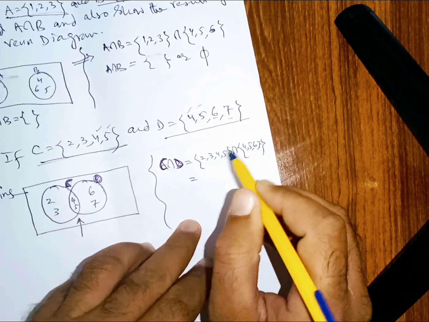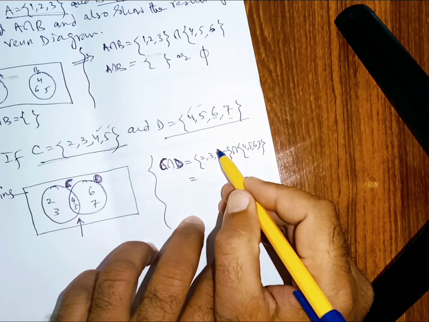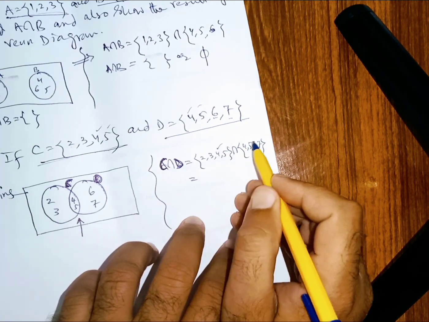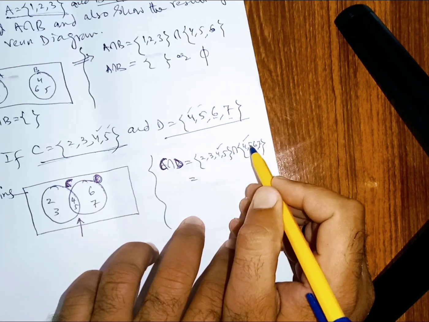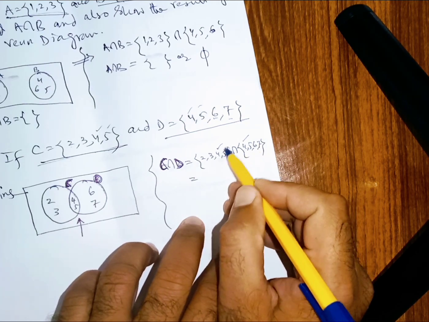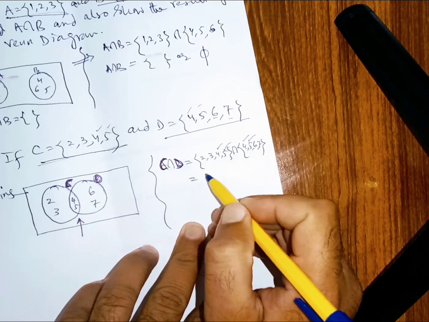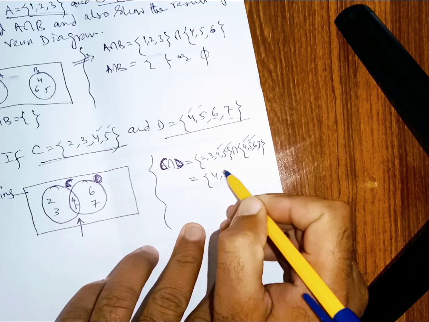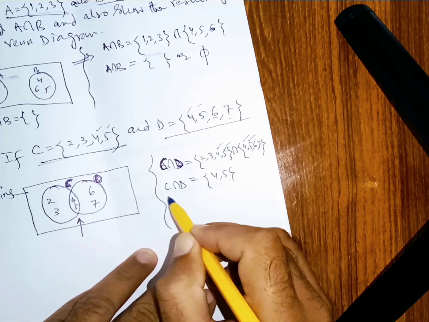And what will be the intersection of these two sets? Intersection means the elements which are common in both sets, like 4 is present in C, and 4 is also in D, and 5 is present in C, and 5 is also present in D. So we write 4 and 5 here. This is our answer.